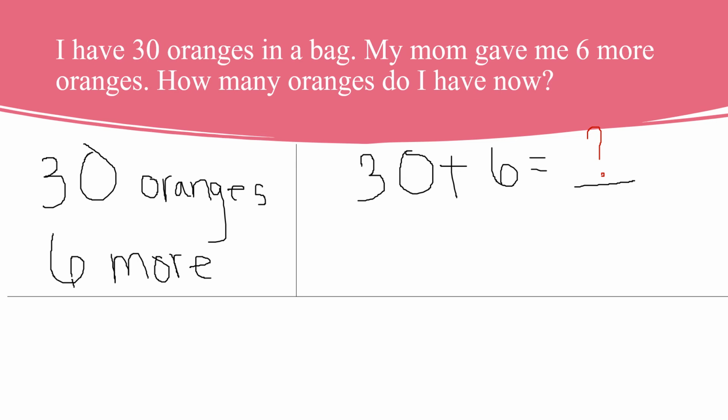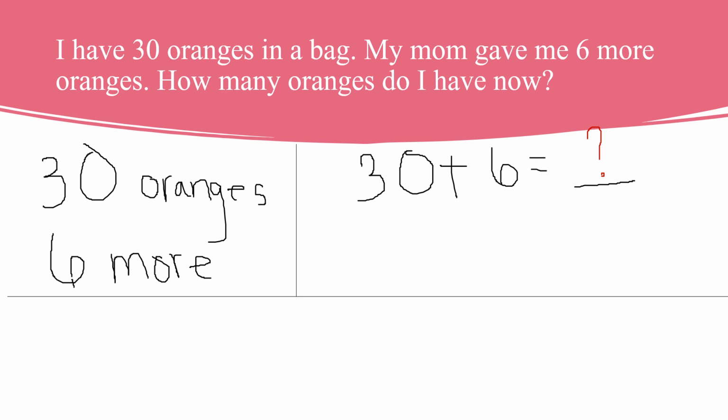And in order to do this, we are going to see how many tens and ones we have. We're not going to draw the oranges because that's going to take us a lot of time because it's 30. So we're going to see how many tens we have. So we know we have 30.